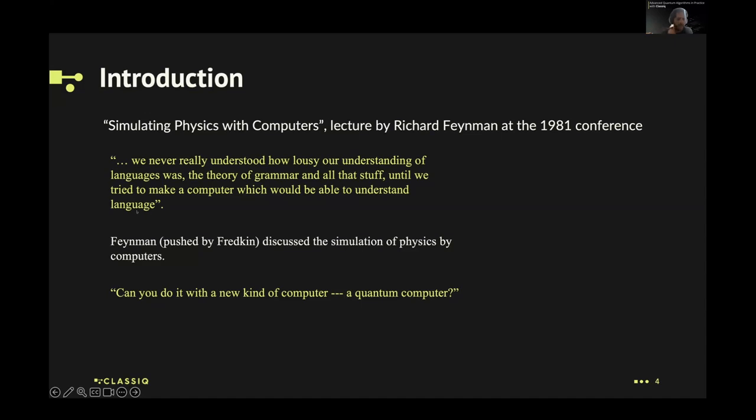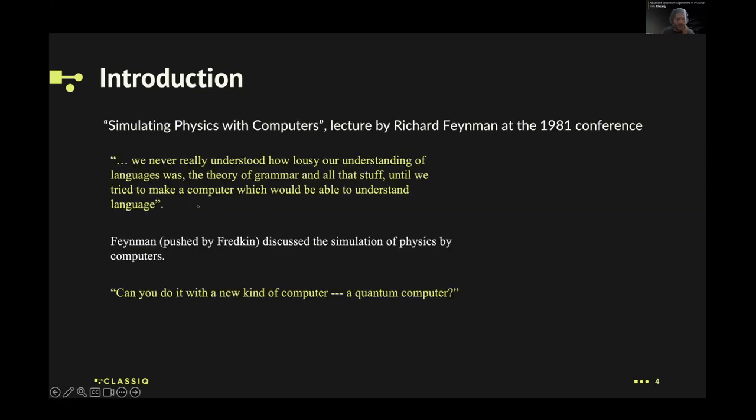So what Feynman was looking for, and he said it was pushed by Edward Fredkin, is to understand how to simulate physics with computers. And during his talk, he mentioned the idea that we can do it with a new kind of computer, a quantum computer. Okay, so the first quote is an example of things that he mentioned that computer science helps us to advance.